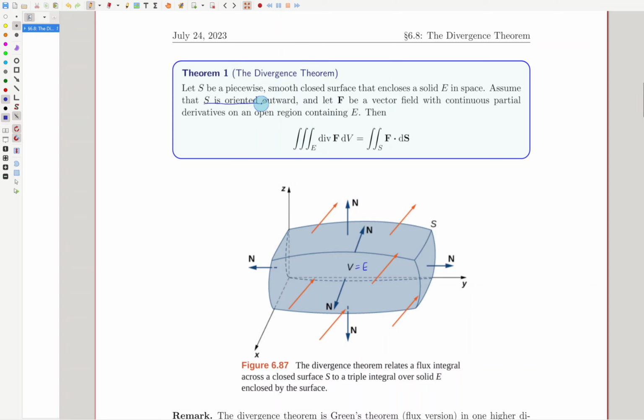It requires that the orientation of the surface of the region, so the boundary of the region, all of the surfaces that comprise the boundary of the region E, should have outwards orientation. But when you look at each of these faces, it will look like counterclockwise orientation because of the right-hand rule.